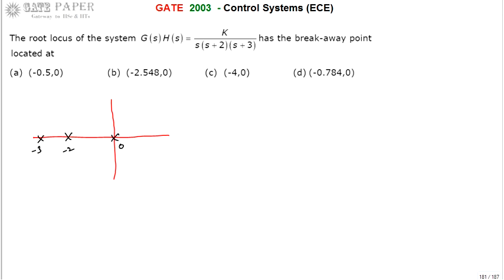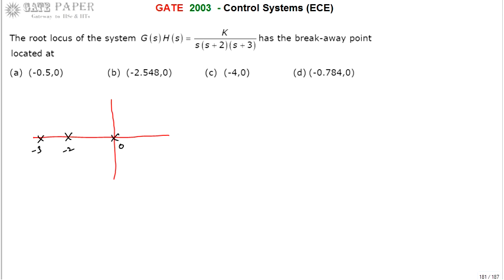Root locus is a graphical technique which describes how the location of closed loop poles changes as a system parameter changes. Generally the system parameter we take is gain. As gain changes, how the closed loop poles move gives the path which is called the root locus. The root locus consists of a number of branches.